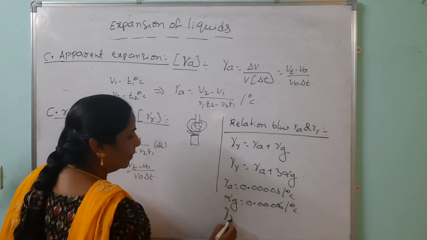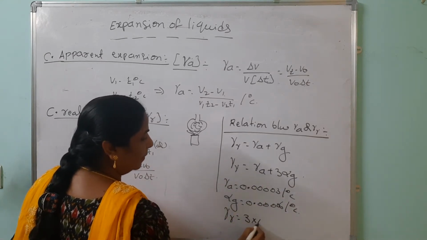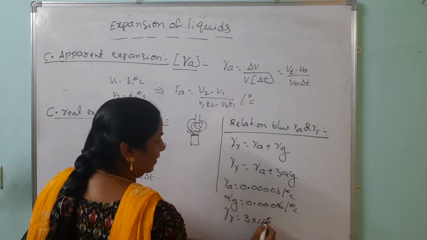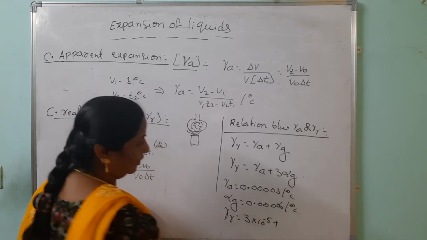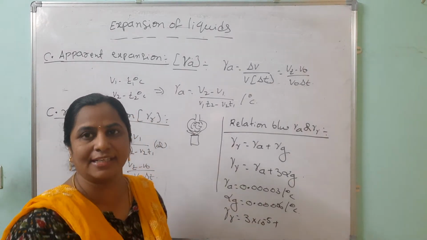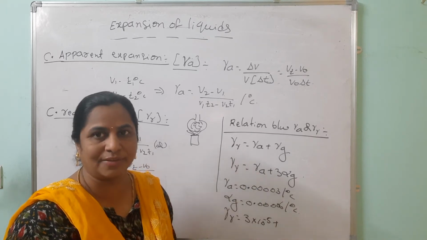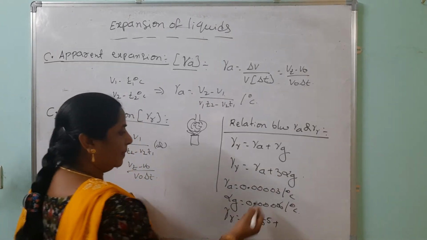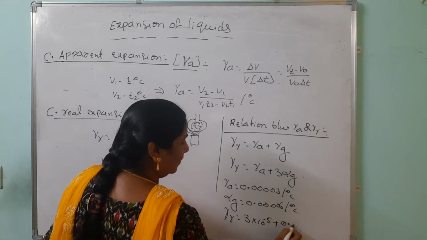Find gamma R. Real expansion: 3 into 10 power minus 5 is the apparent expansion, plus 3 times the linear expansion. You know the relation between linear and volume expansion: volume expansion equals 3 times the linear expansion. So 3 into this gives 0.000018.